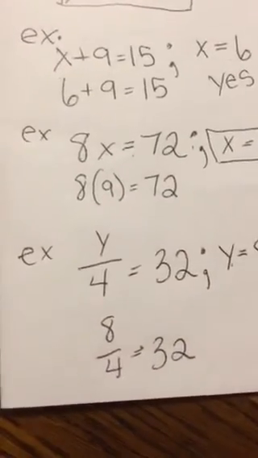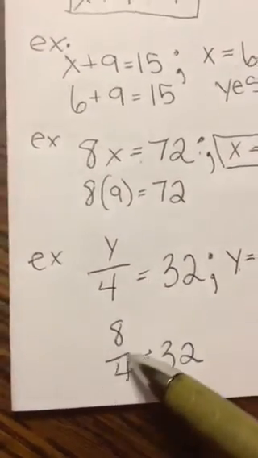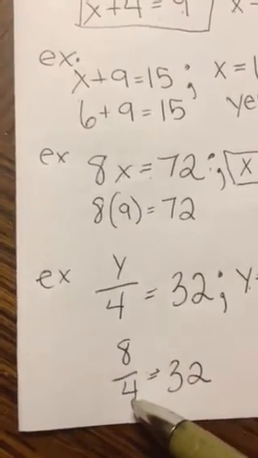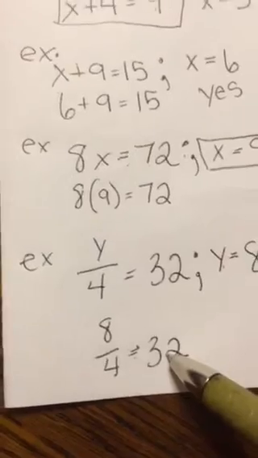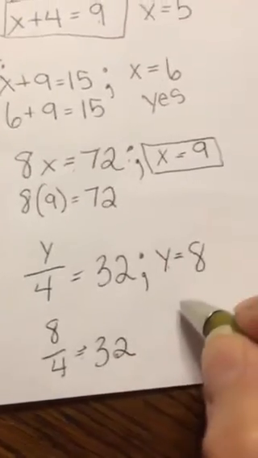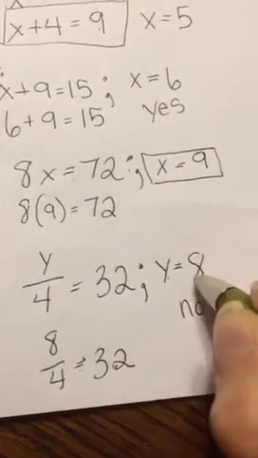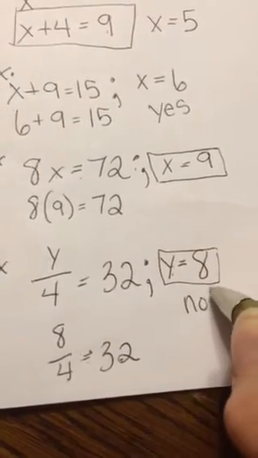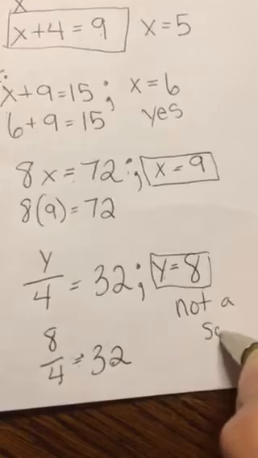Is that statement true? Now remember, the fraction bar means to divide. 8 divided by 4 equals 32. No, that's not correct. So we would say no. Y equals 8 is not a solution.